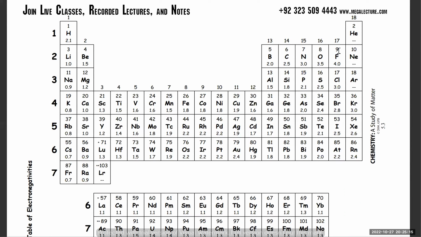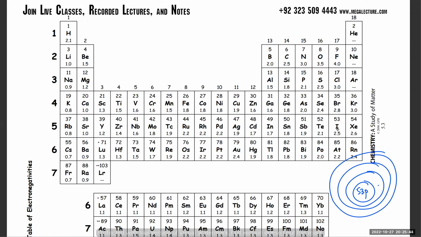Yes, sir. Similarly, when you go down the group, the electronegativity, or the tendency to attract electrons, decreases. Because when you move down the group, the nucleus is surrounded by so many electrons that it gets very shielded. Like iodine, it's got 5 shells, I guess, and it's got 53 electrons.